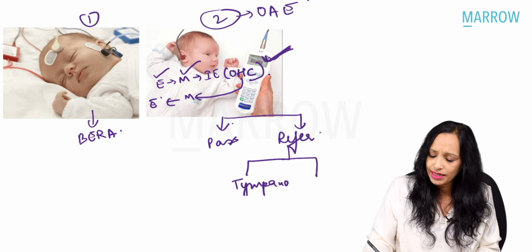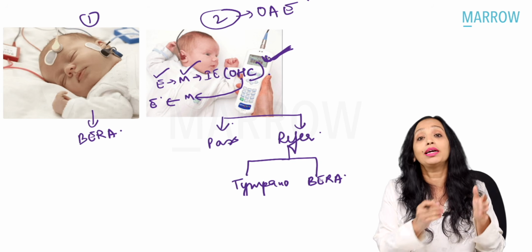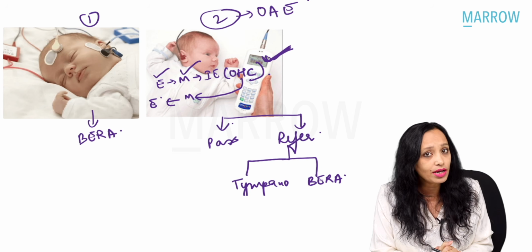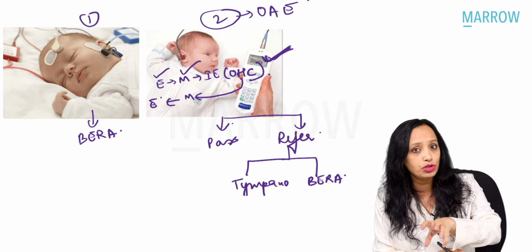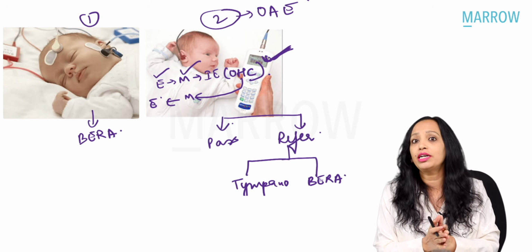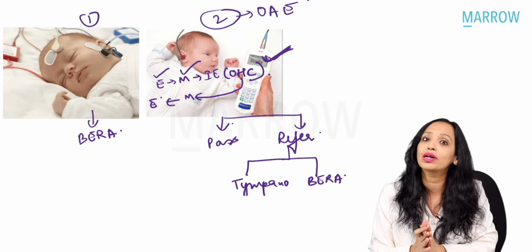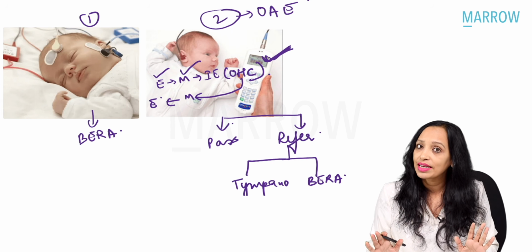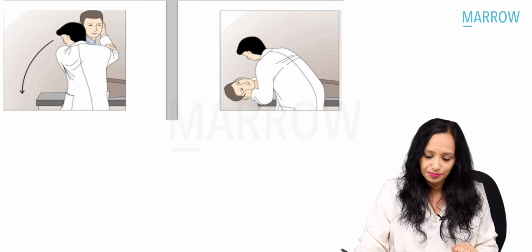The second is you refer for BERA, to reconfirm whether it is a cochlear or retrocochlear hearing loss, and also to know if there is a nerve defect, because in a patient who has a defect of the organ of Corti we cannot go for cochlear implantation. Is that clear? So refer for 2 things, tympanometry and BERA.